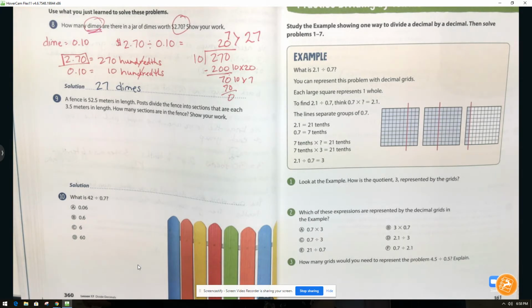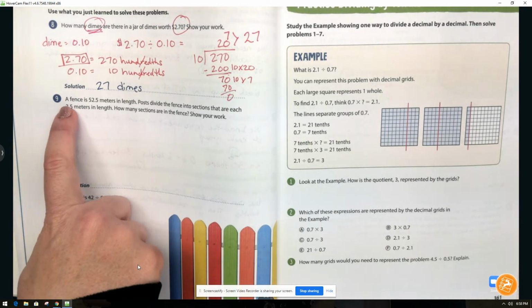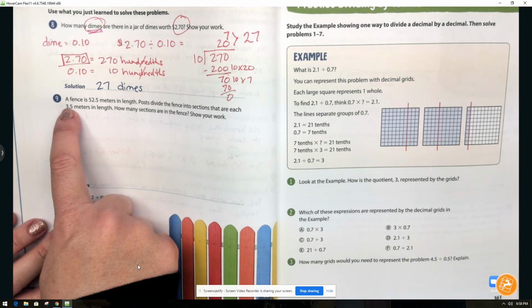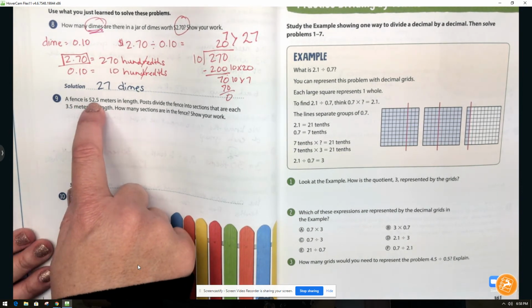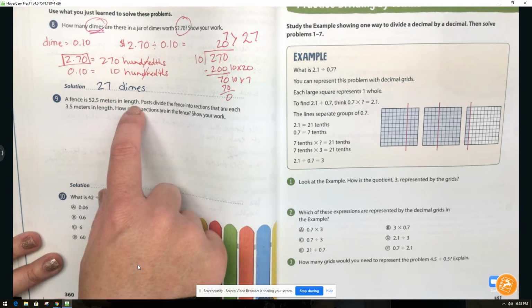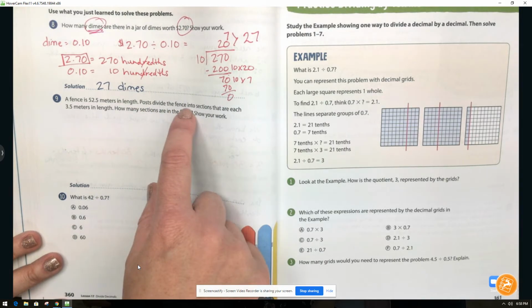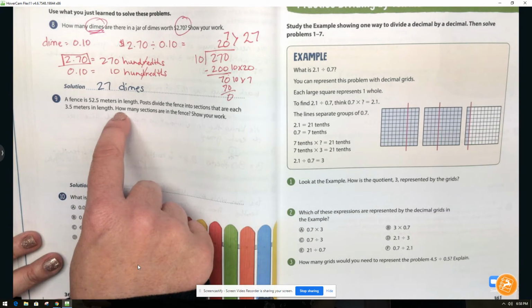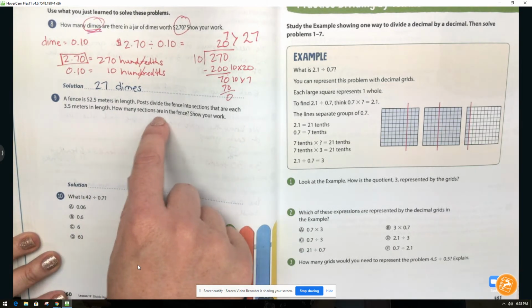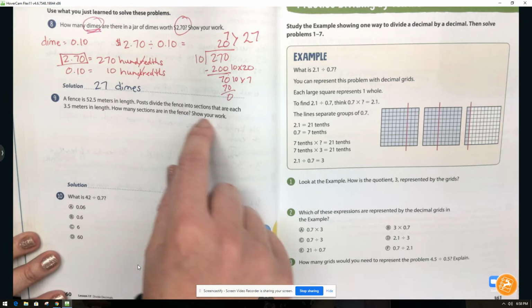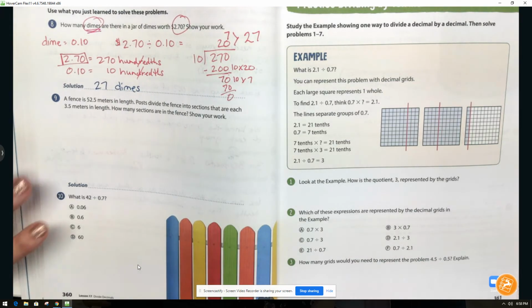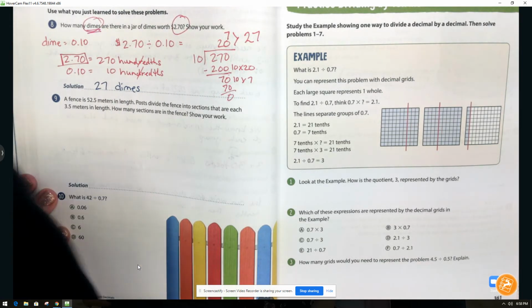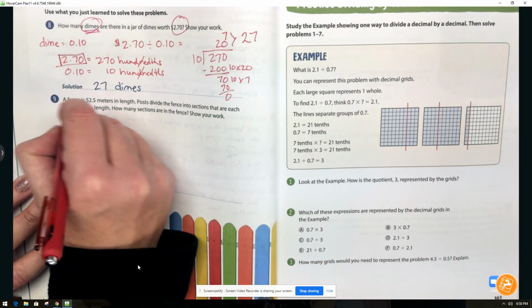We're going to look at question number 9. It says, a fence is 52 5/10 meters in length. Posts divide the fence into sections that are each 3.5 meters in length. How many sections are in the fence? Show your work. So we're talking about a fence.